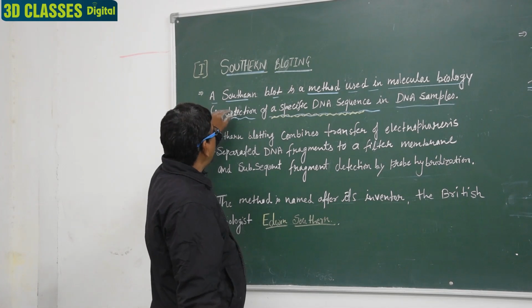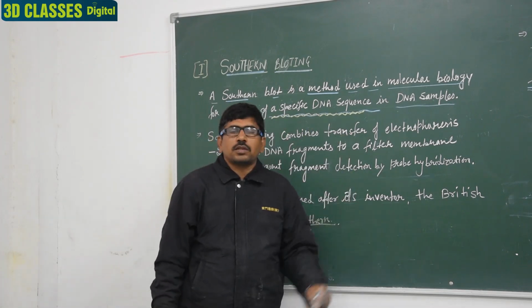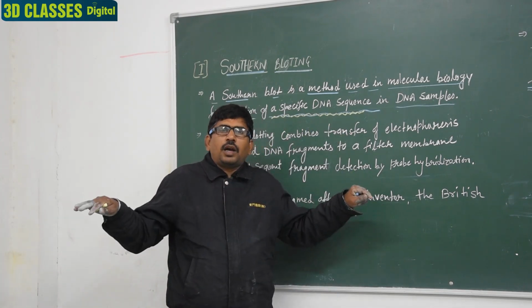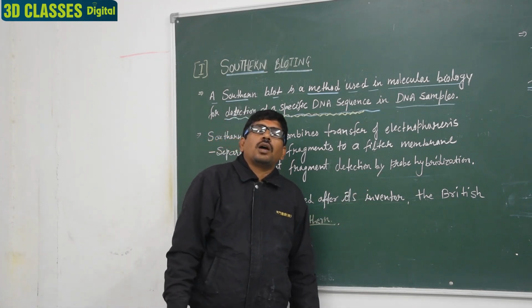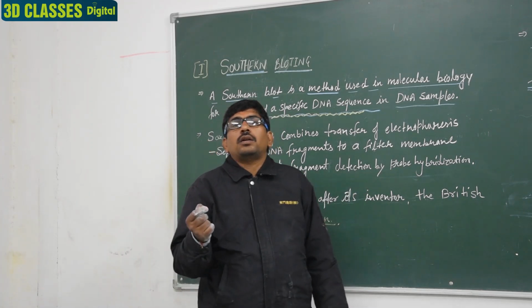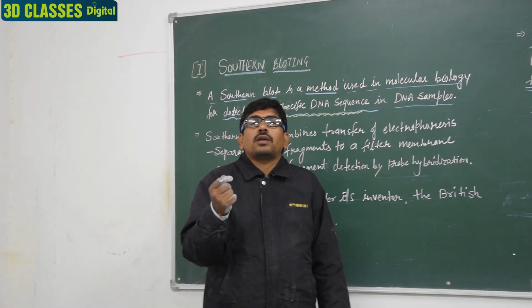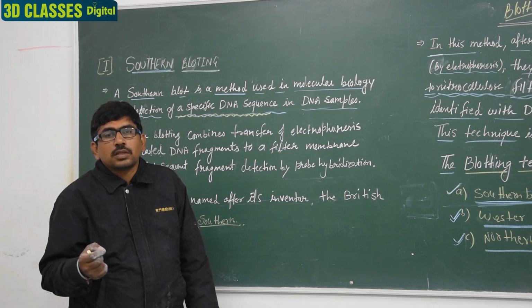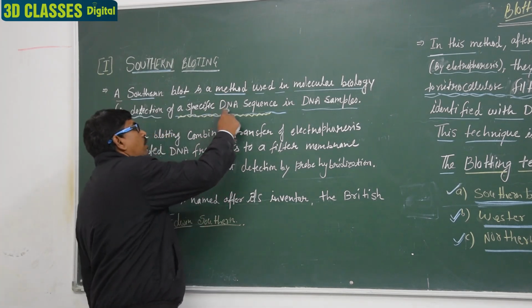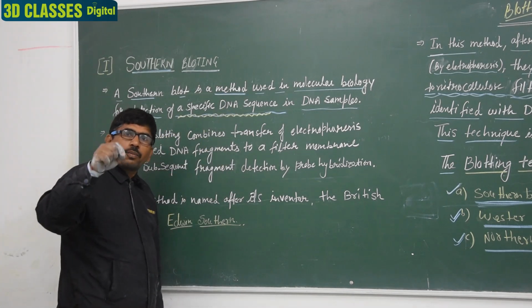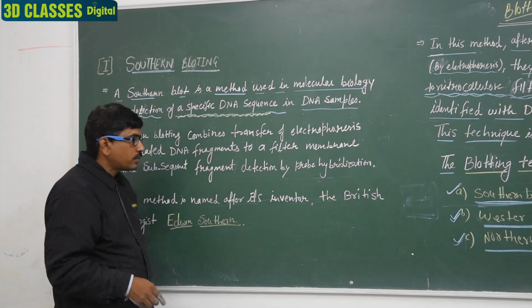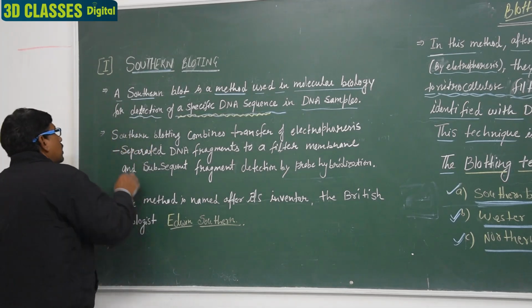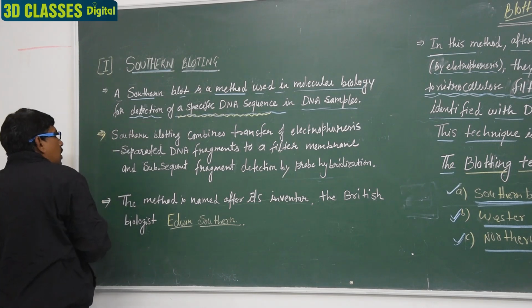Out of the complete DNA we detect a particular specific sequence, and that is known as Southern blotting. The detected band is known as the Southern blot.